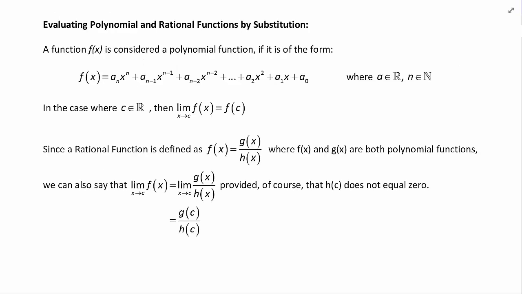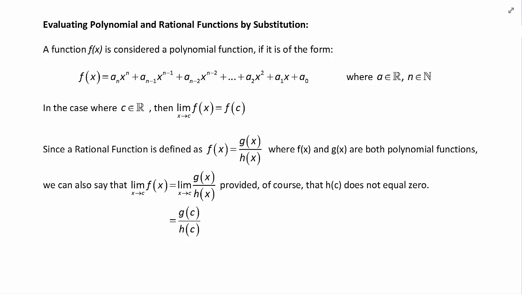We can evaluate polynomial and rational functions by substitution. A function is considered a polynomial function, f of x, if it is of the form f of x equals a sub n x to the power of n, plus a sub n minus 1 x to the n minus 1, and so on, where all the a subs are real numbers, and the n's are all natural numbers. In the case where c is an element of the real numbers, then the limit of f of x, our polynomial function, as x approaches c, is simply equal to f of c.